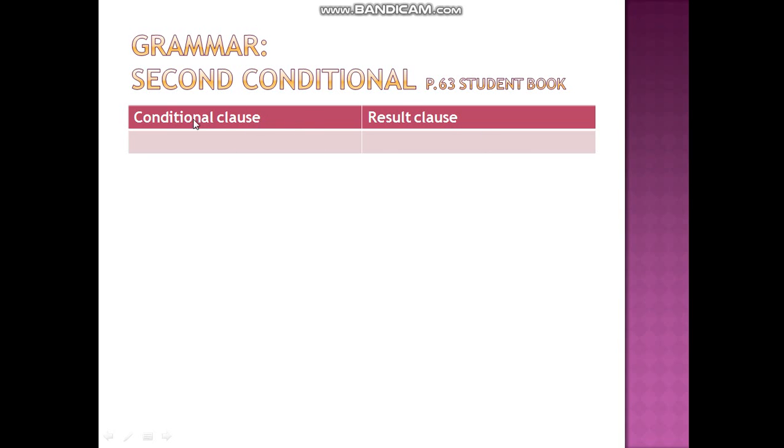The first section is a conditional clause, the result clause is the second. So the conditional clause is past simple, the result clause is would plus base verb. Just a reminder that past simple is subject plus verb 2 plus object.